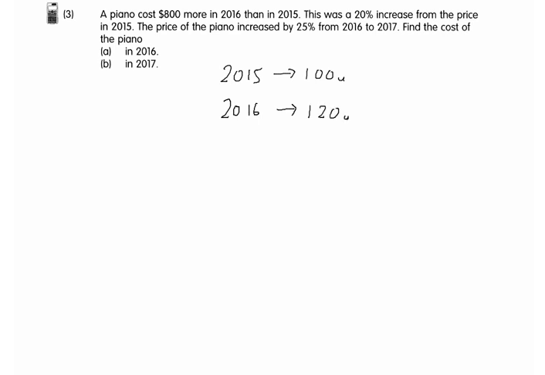Now, 2017. The price of the piano increased by 25% from 2016 to 2017. That means I'm looking at 125 over 100 times 120 units. Yes or no?